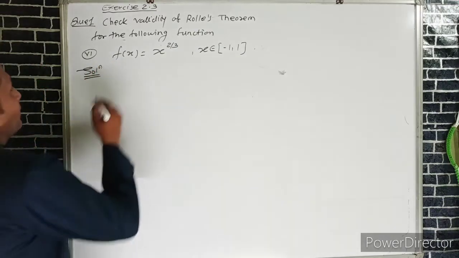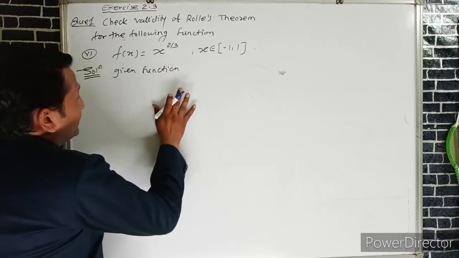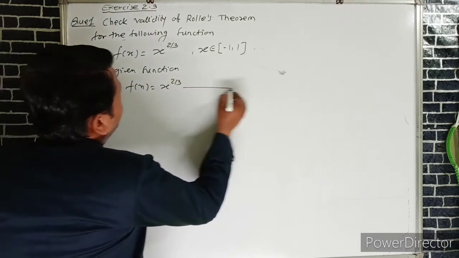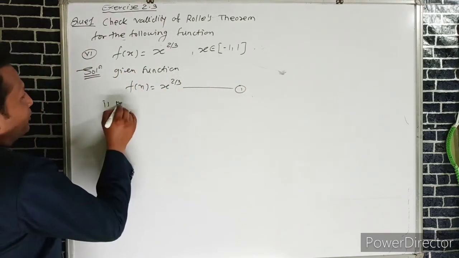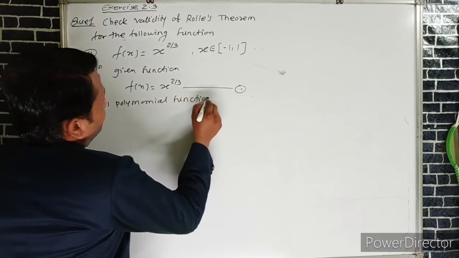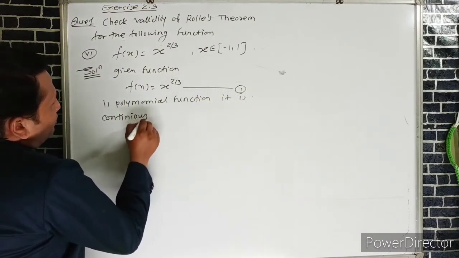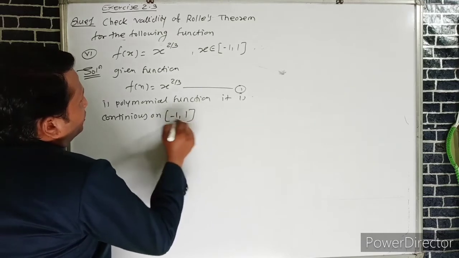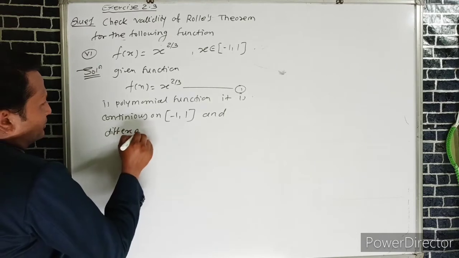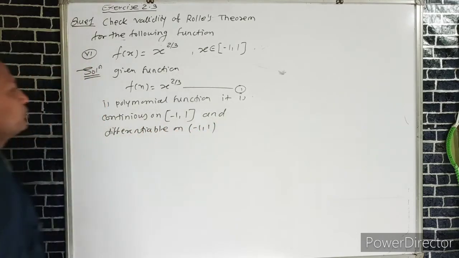So the given function is a polynomial function. It is continuous on the closed interval minus 1 to 1 and differentiable on the open interval minus 1 comma 1.